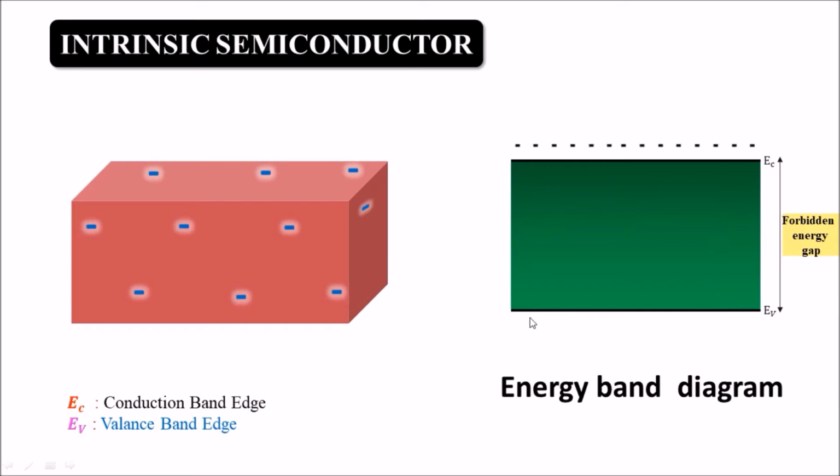The vacancy of electrons will have positive charge, and these are called holes. Here the holes will come, and these holes will be in the valence band. These electrons are in the conduction band, and these holes are in the valence band.